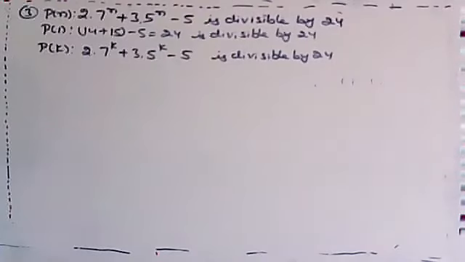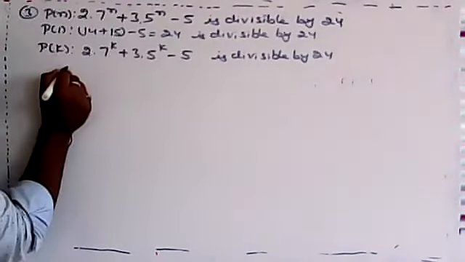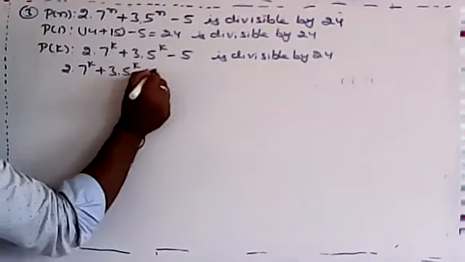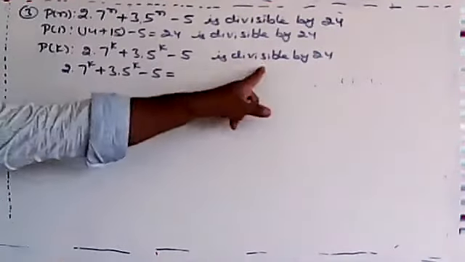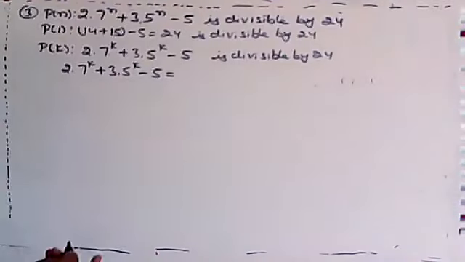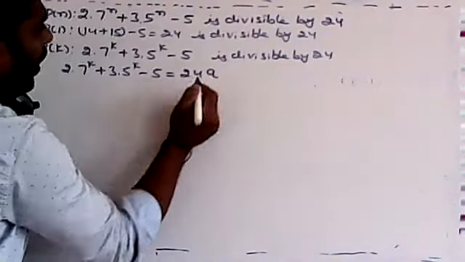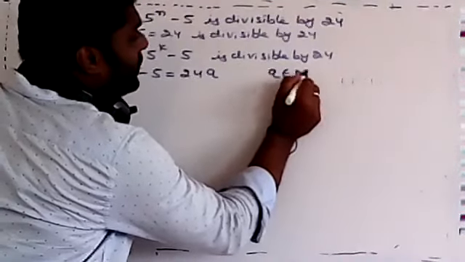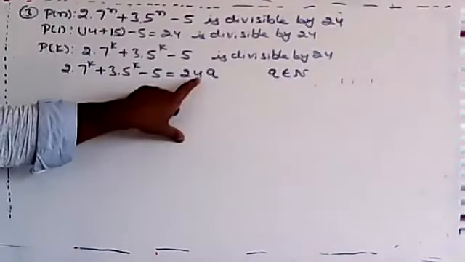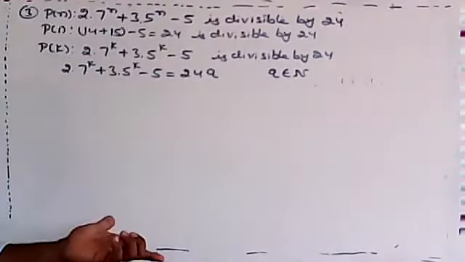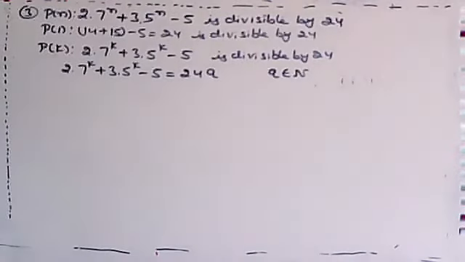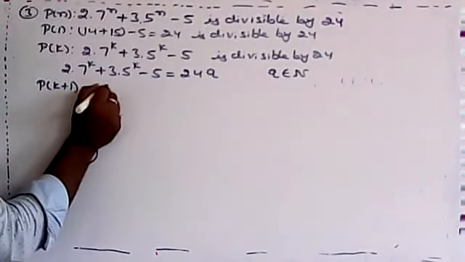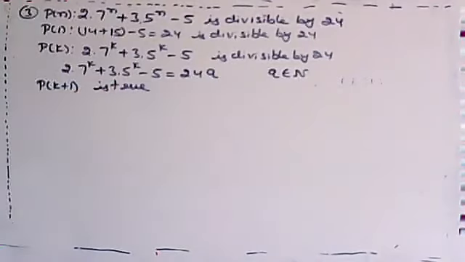As we solved earlier, 2 into 7 to the power of K plus 3 into 5 to the power of K minus 5 is equal to 24Q. Or you can take D also, but you have to write Q belongs to N. It means if it is a multiple of 24, it is divisible by 24. In the next step, P of K plus 1, we have to show that it is true.